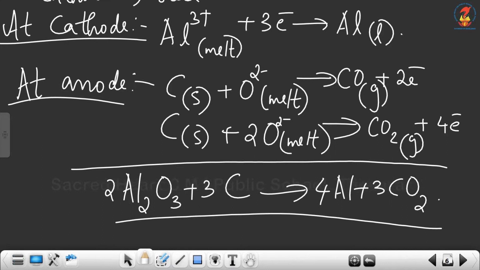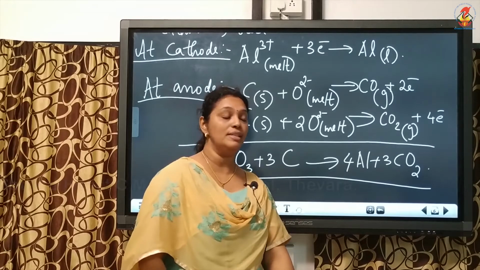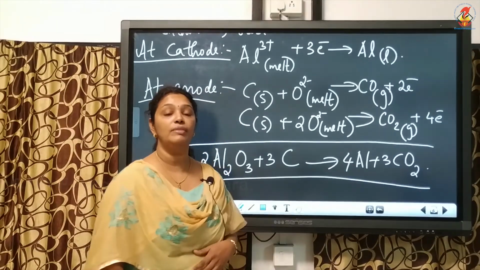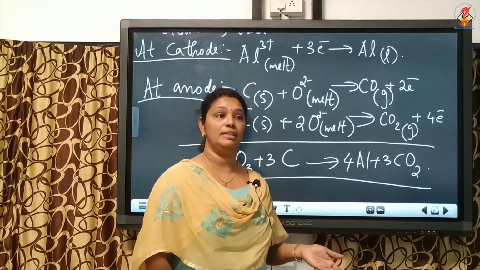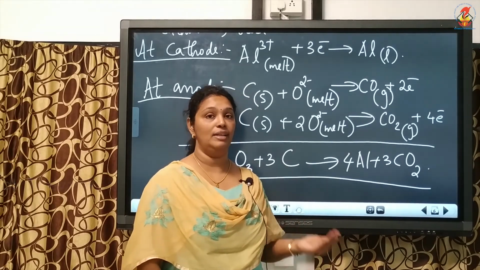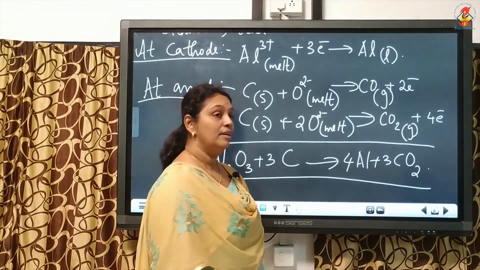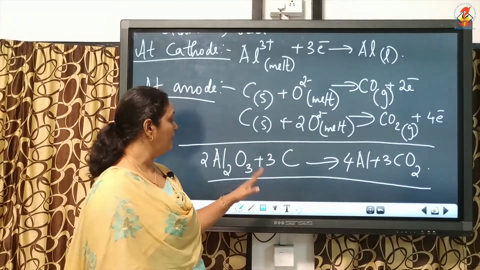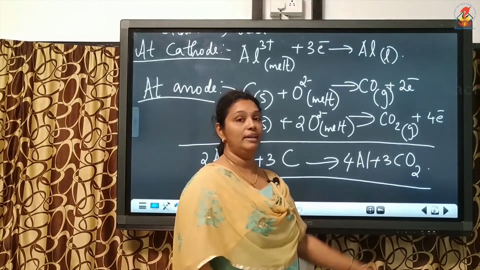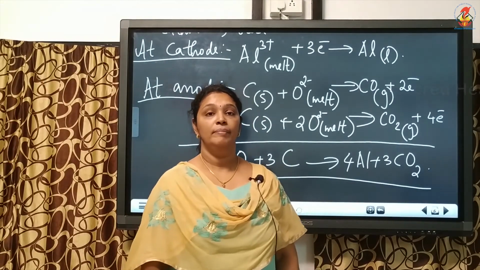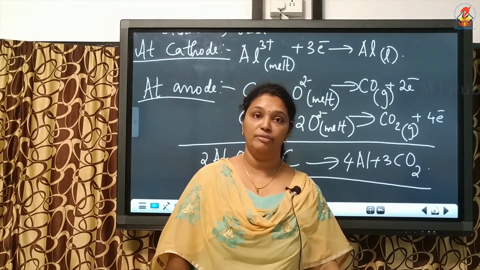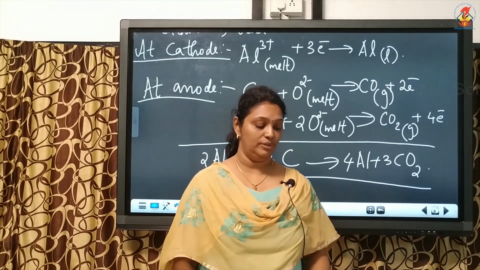So you can see in the Hall-Héroult process, aluminium is produced at cathode, and at the anode we have oxygen gas liberated, but oxygen gas produced at anode will combine with carbon anode and we get carbon dioxide gas. And the overall reaction will be the reduction of Al2O3 with carbon, giving aluminium and carbon dioxide. So this is the extraction of aluminium from bauxite, Al2O3.